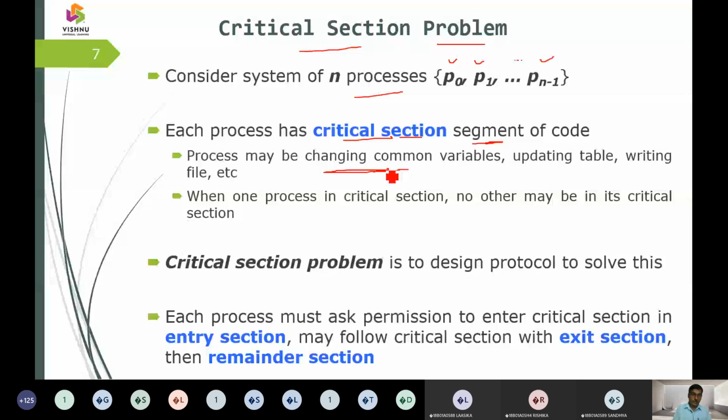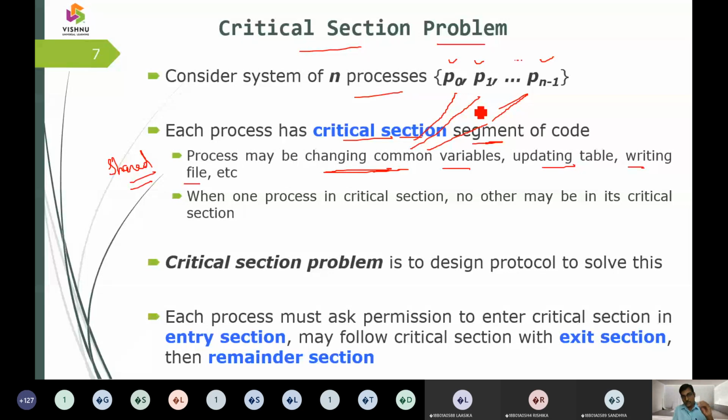When we say they are common, we call those elements shared variables. We have some common variables, some update tables, and some file locations, which can be accessible to P0, to P1, and to another Pn minus 1, whatever entities need the shared variables.